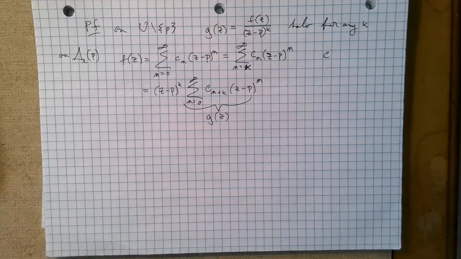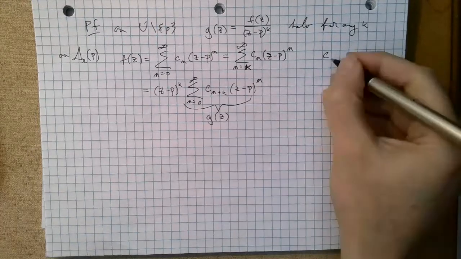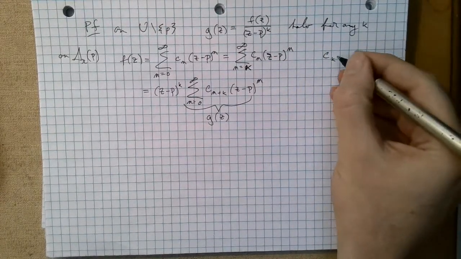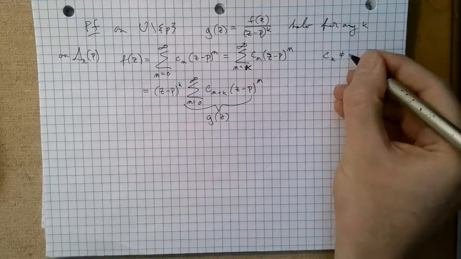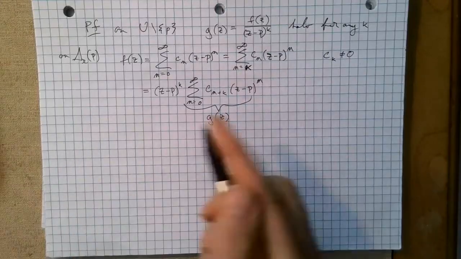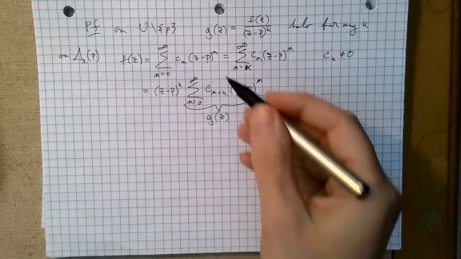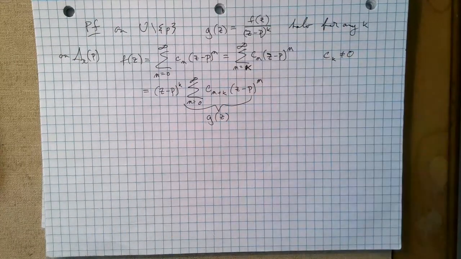the smallest k such that the kth derivative is non-zero, then we have this thing, right? We define g by this formula for everything outside of p.